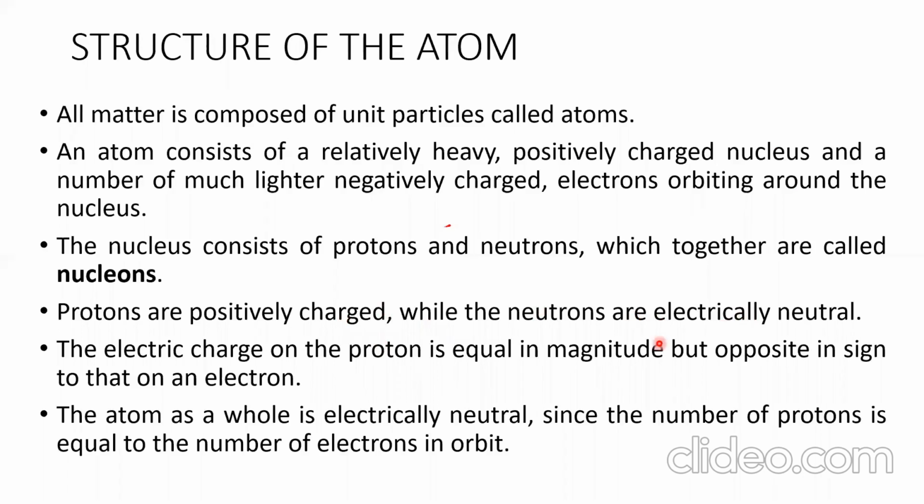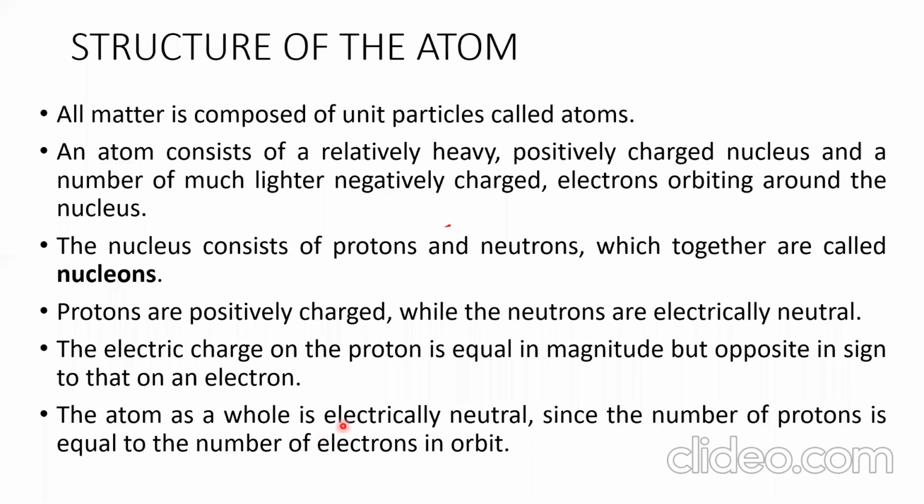They have no charge. The electrical charge on a proton is equal in magnitude but opposite in sign to that of an electron. The magnitude of the charge on proton and electron are the same, but their sign is different. Proton has a positive sign and the electron charge has a negative sign.